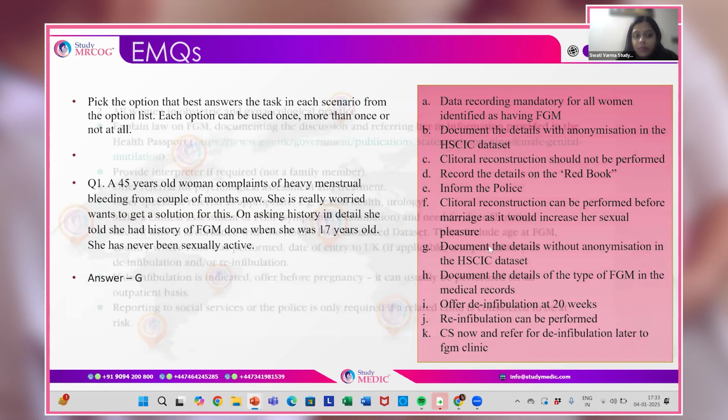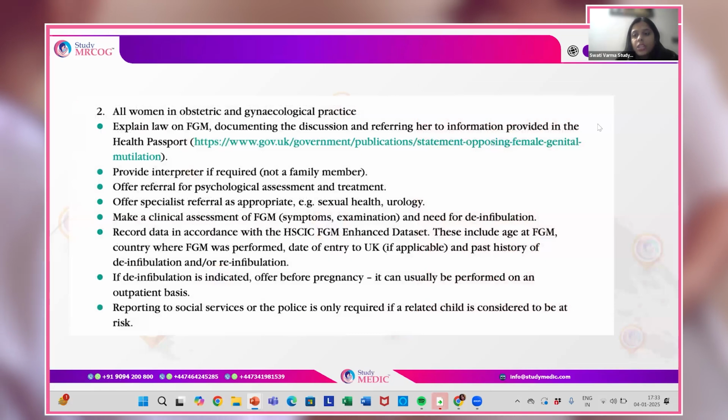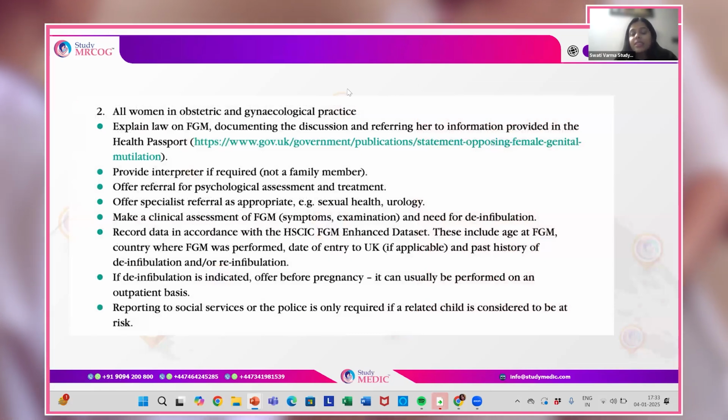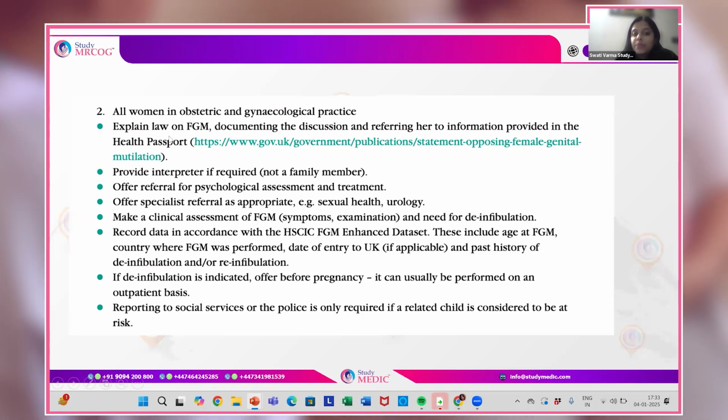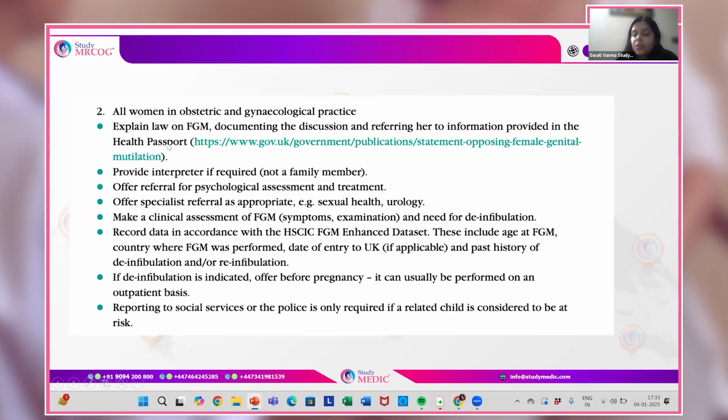That is answer G. Now, just to make things clear, there are many confusions as to which option to choose in this scenario. First of all, you have to explain the law on FGM, documenting the discussion and referring her to information provided in the health passport.